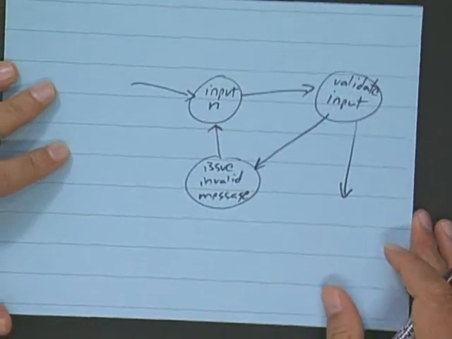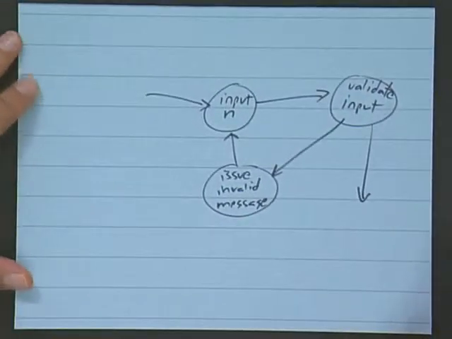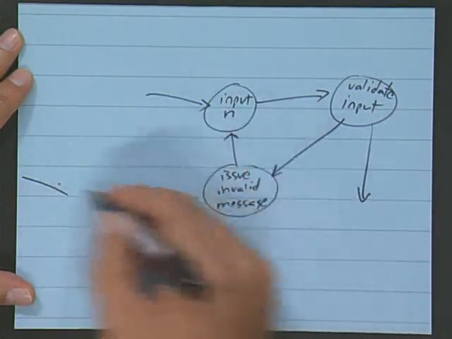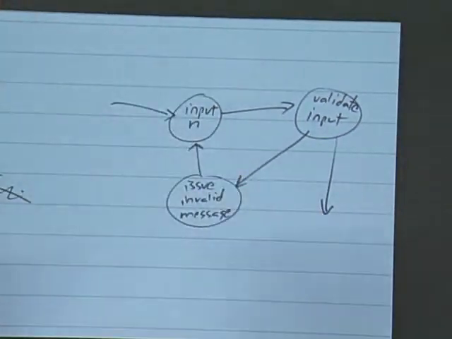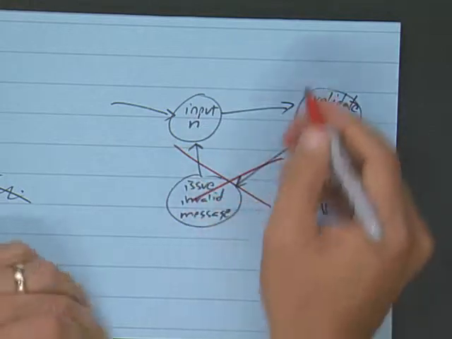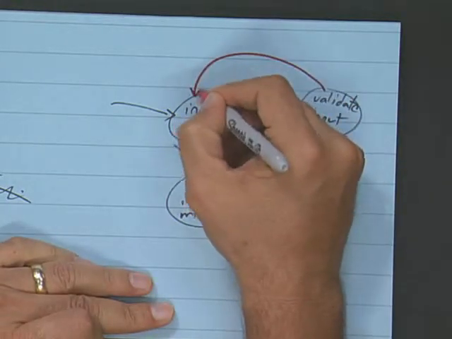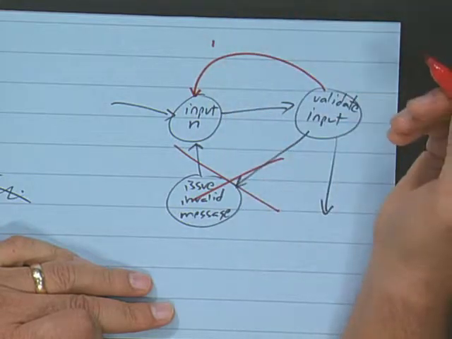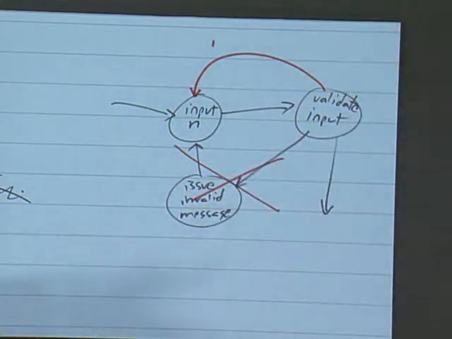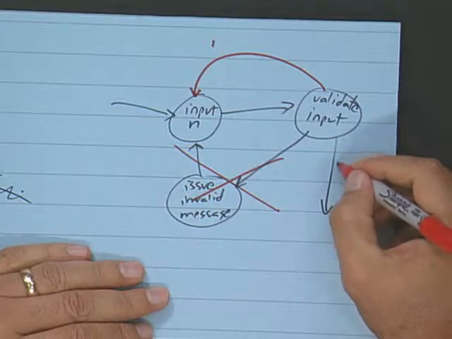So couldn't I just simplify this and say, okay, I'll use the same diagram. Couldn't I just do this? Couldn't I just get rid of all this and instead have this? I can have, so this would be valid.